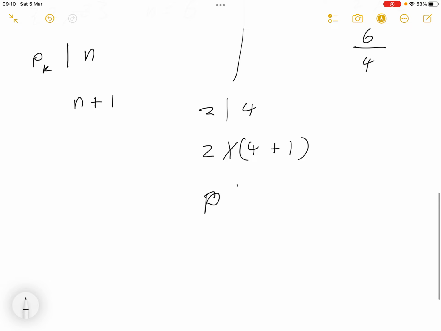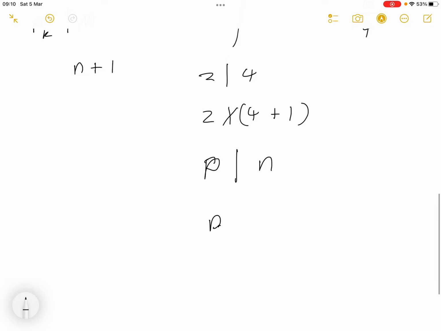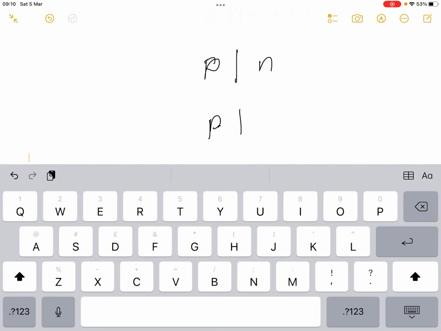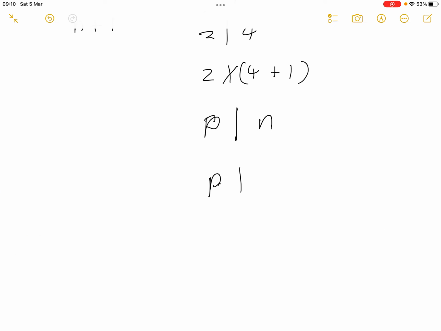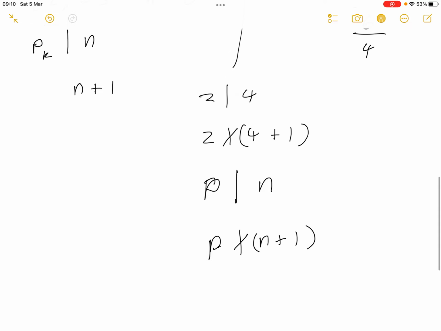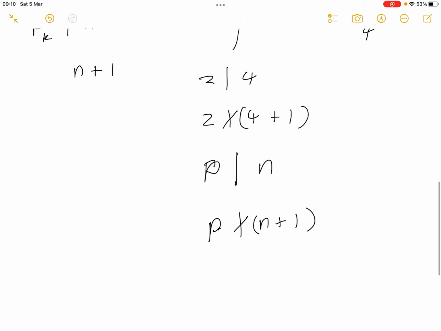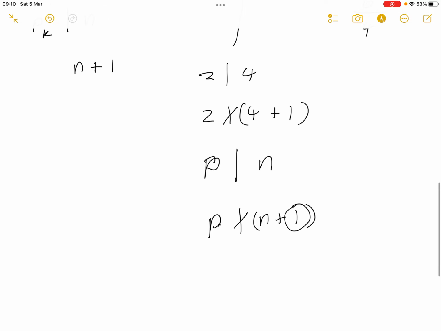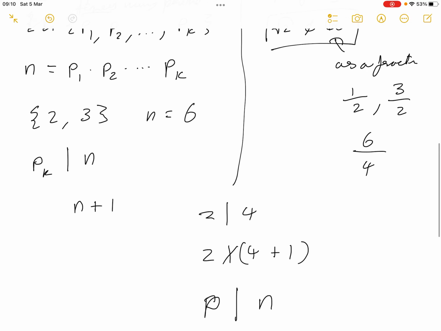So if a prime divides n, in fact it doesn't matter what number it is, as long as it's bigger than 1, if you add 1 to what's on this side, then it's no longer divisible, because there will be a remainder of 1. Okay, so it's not divisible. So this is not divisible by any of the primes in this list.